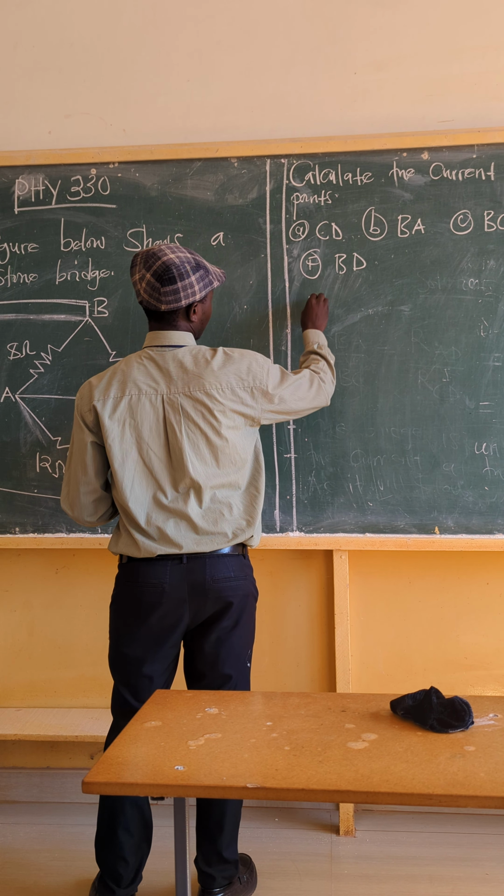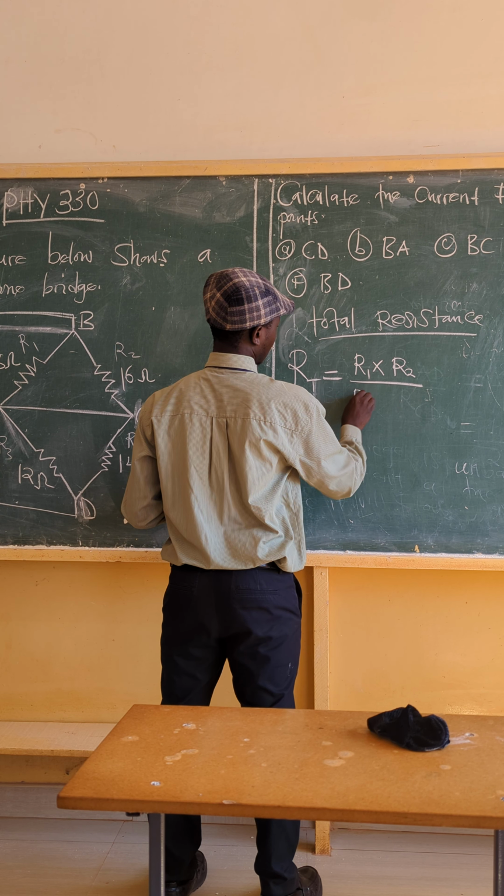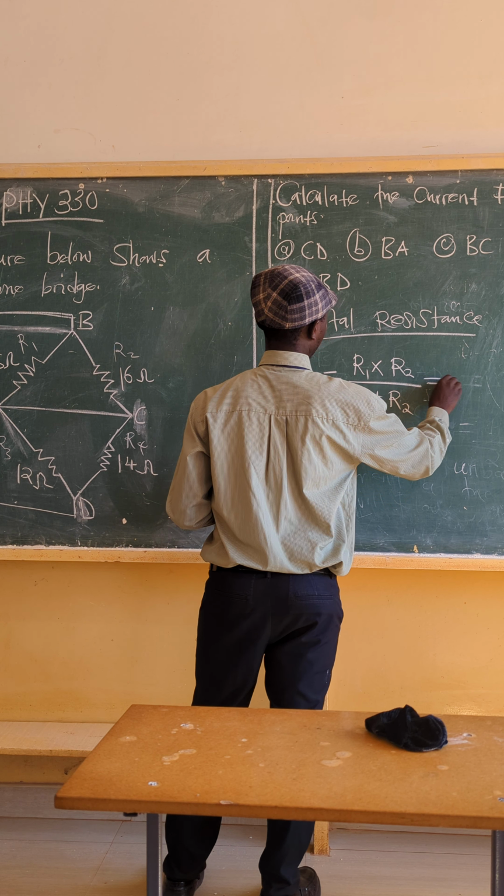So we say resistance total is equal to resistor 3 times resistor 4 over resistor 3 plus resistor 4.